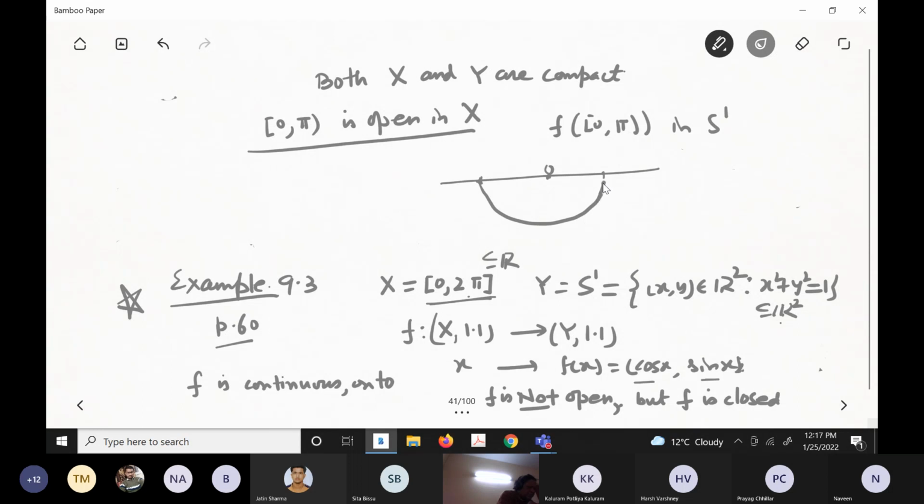Okay. There will be a break here. So if you want to show this is not open, you can check that. Actually, in S1, an open set would be an arc. Here I am having this point. So you can check its complement. If it is open, its complement has to be closed. But this point is taken here, but this point is not there.